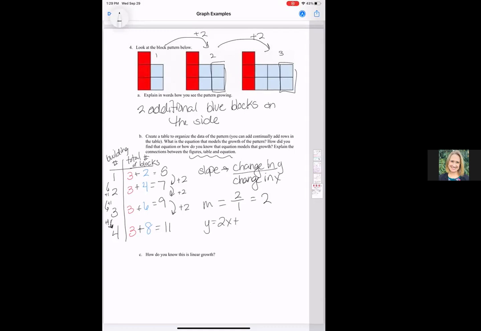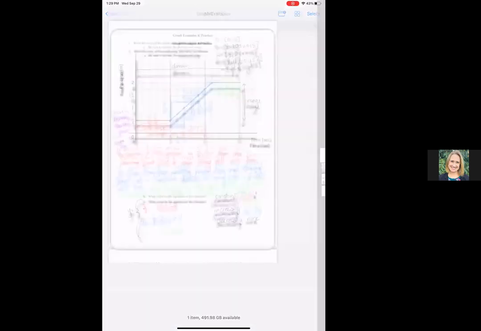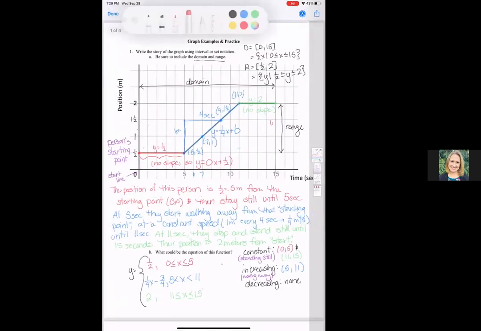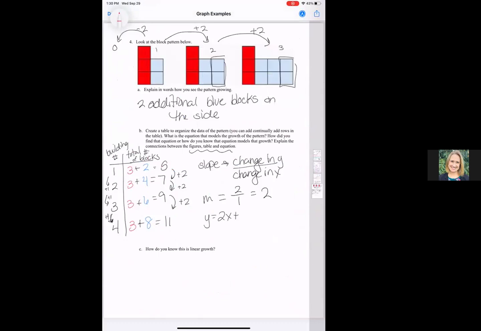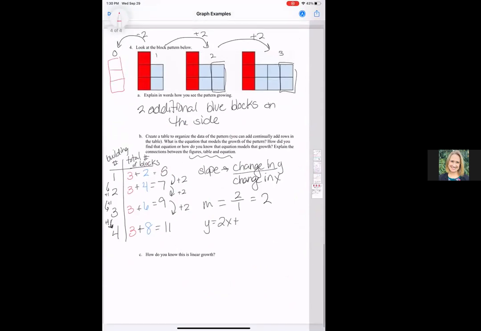y-intercept? You can think about what building number 0 would look like. If this is adding 2 as we move to the right, we can think about it as subtracting 2 as we move to the left. Building 0 would look like just the 3 red blocks.